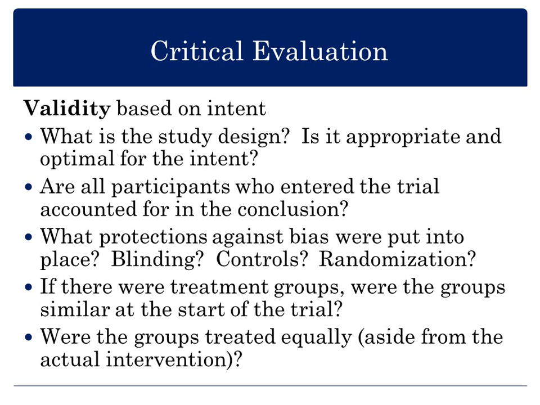What protections against bias were put into place? So again, I want to emphasize here, if you walk away with one new thing, it's that we design studies to minimize or eliminate, hopefully eliminate, bias.